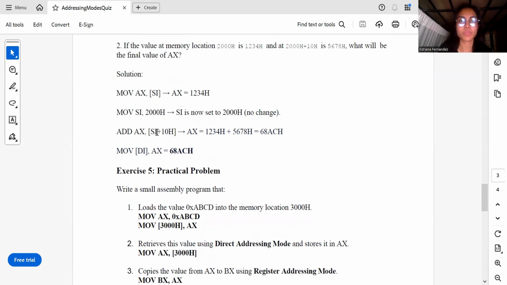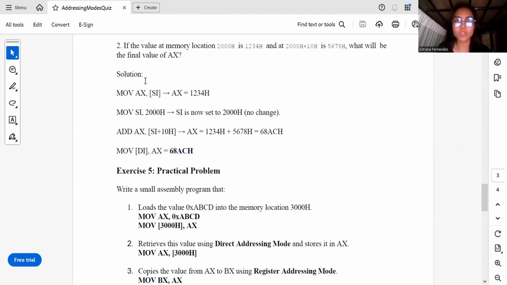Here, let's break down each step to understand how we arrived at the final value of AX. First, the value of memory location 2000H is moved into AX. As a result, AX is equal to 1234H. Next, the immediate value of 2000H is loaded into SI. So SI is now set to 2000H and there's no change to AX at all.